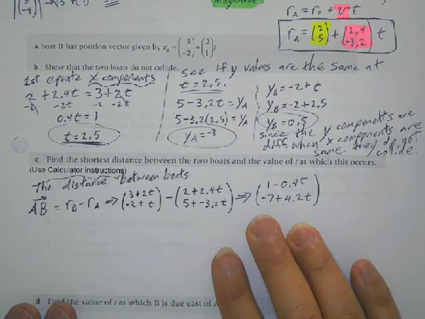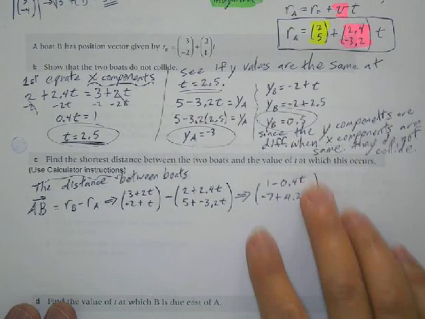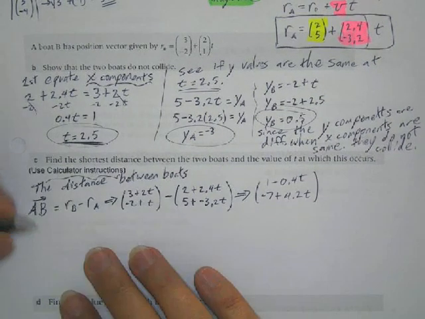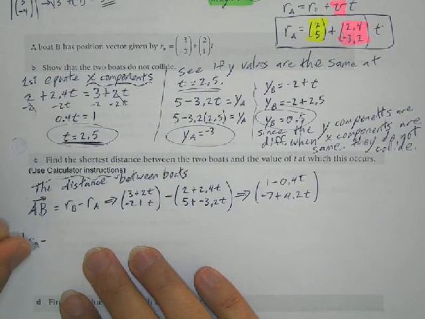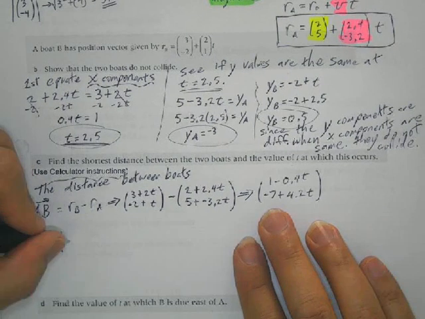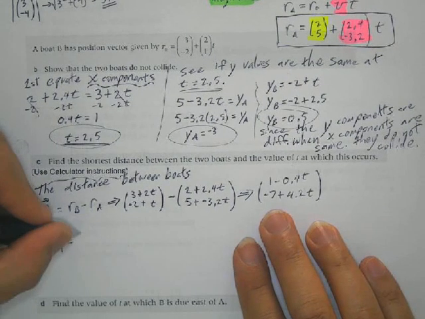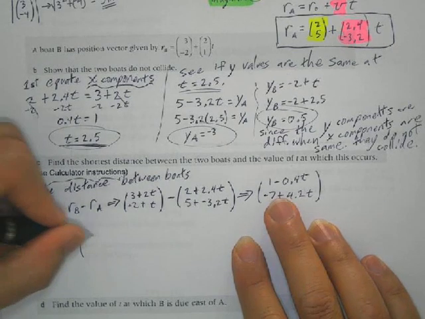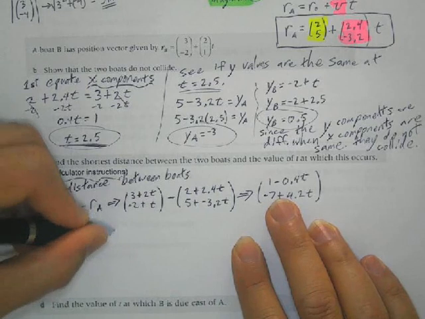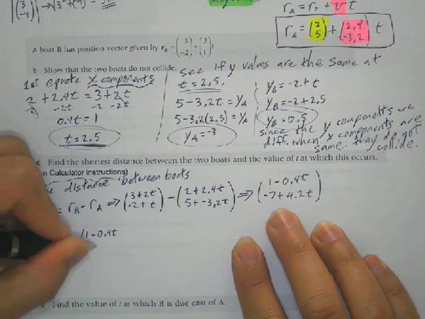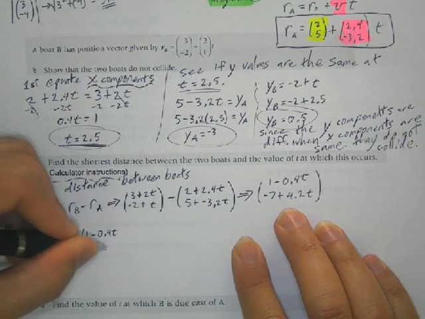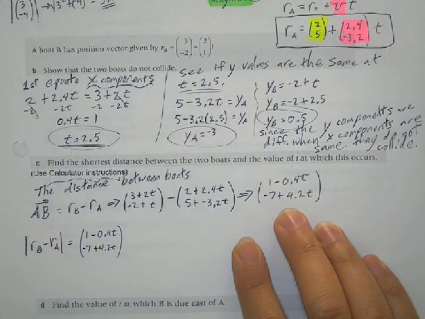Okay, so now we need to find the magnitude of this. So to figure out the magnitude of RB minus RA, we're going to find the magnitude of 1 minus 0.4t and negative 7 plus 4.2t.